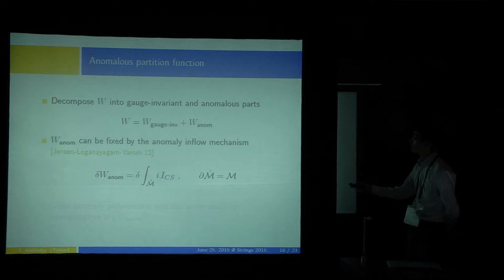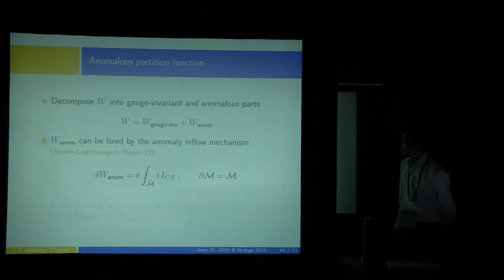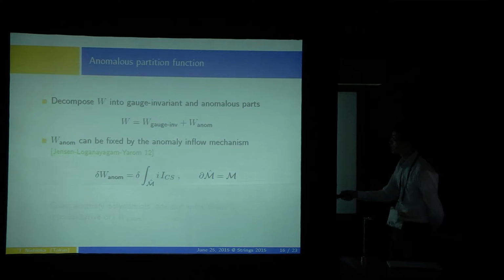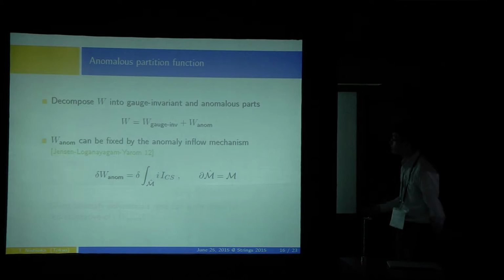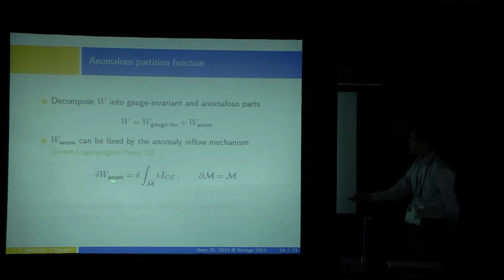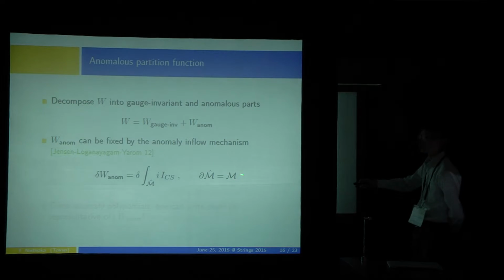Actually, this part can be fixed by the anomaly inflow mechanism. This was systematically studied by Jensen, Loganayagam, and Yarom a few years ago, and I will use their formalism very heavily. Basically, they consider that the variation of the anomalous parts is equal to the variation of the Chern-Simons functional on a manifold one dimension higher, whose boundary is equal to our original manifold M. This is the well-known anomaly inflow mechanism.